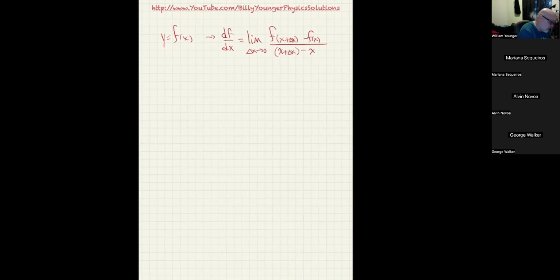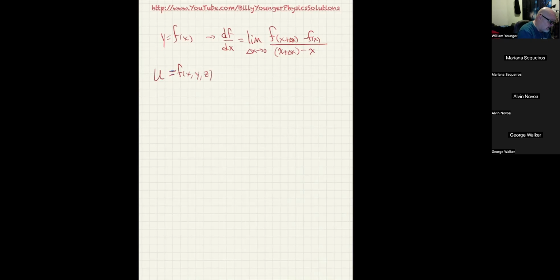If the function has multiple variables, let's say y is equal to f of x, comma, y, comma, z, and in fact, maybe I don't even want to call that y, maybe I call that u or something. And maybe I even change the color of the pen just because I'm a goober. Let's say that's u.